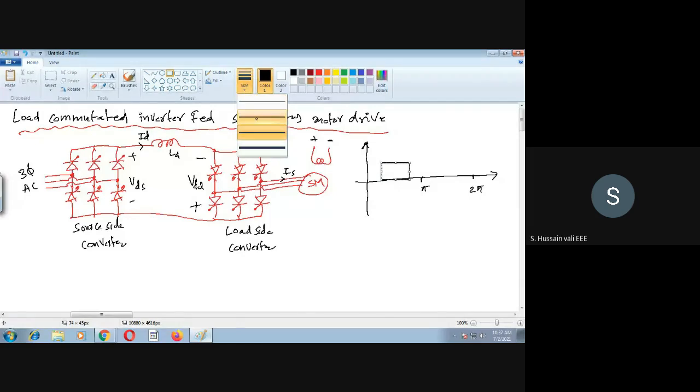So what is IS you got there? If you remember, you got the pulse waveforms. You got the pulses. The duration is 120 degrees. This you know. Okay, something like this.